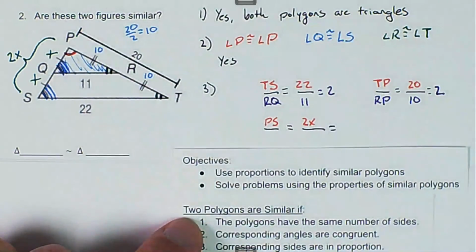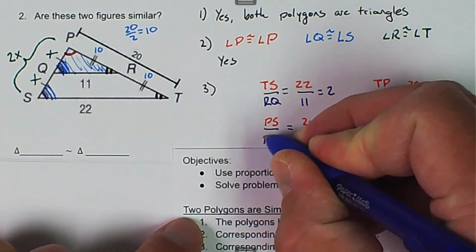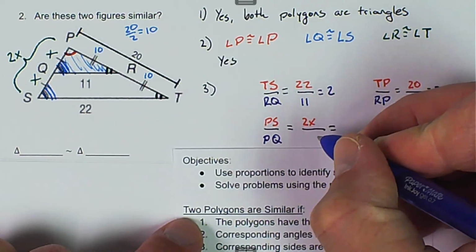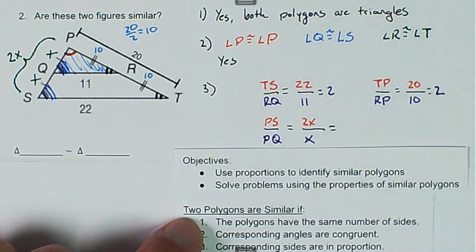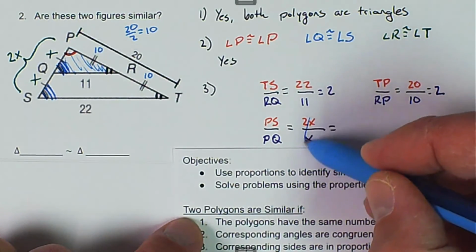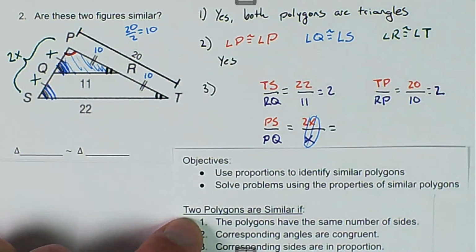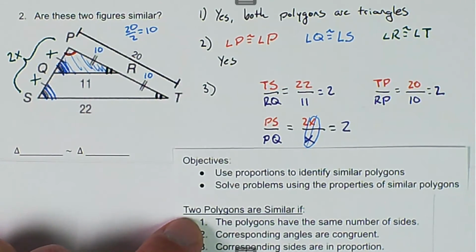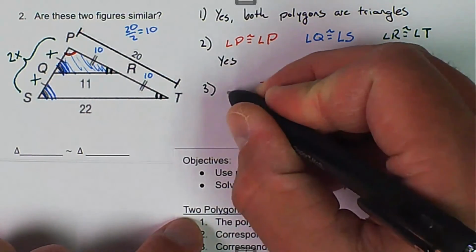So PQ is the smaller variable side, and that is equal to just x. So we have 1x in the numerator, 1x in the denominator. Those cancel, and we're left with a value of 2. So to answer the third question, are our corresponding sides proportional? Yes.